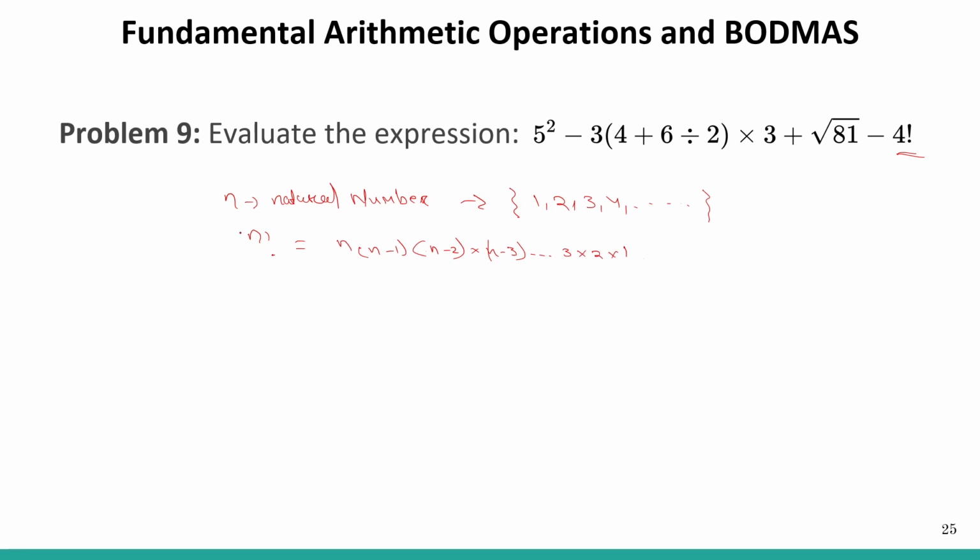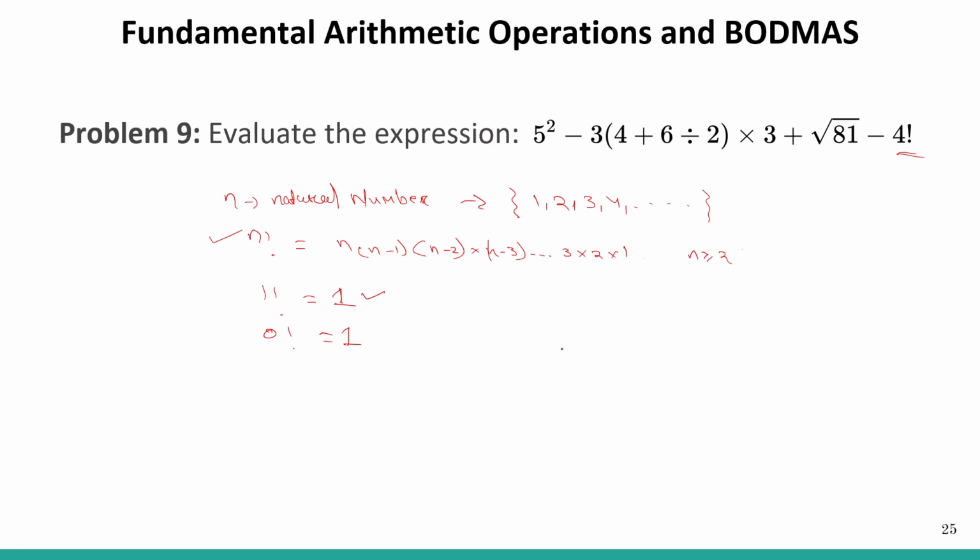So this is what n factorial is. This is for n greater than or equal to 2. And 1 factorial is equal to 1 and 0 factorial is also equal to 1. These are the things that you need to remember. So let's now solve this question.